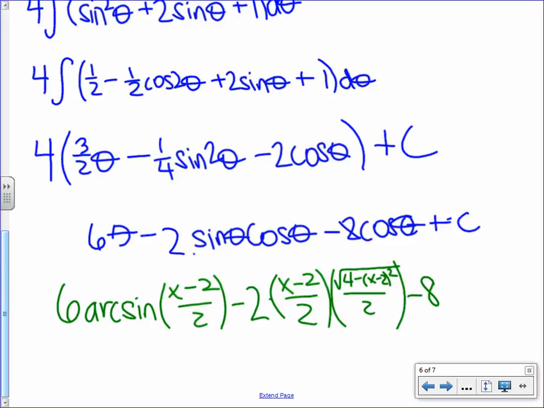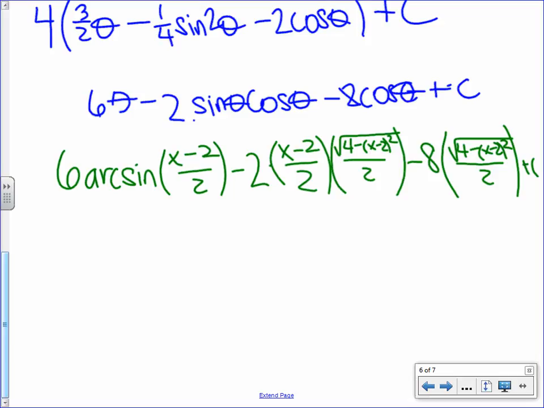Minus 8 times the cosine of theta again, right? So to make this look pretty, we have 6 arc sine of (x minus 2) over 2 minus... I think you dropped a 2 somewhere, because I have 2(x minus 2) times the square root of 1 minus (x minus 2) squared.